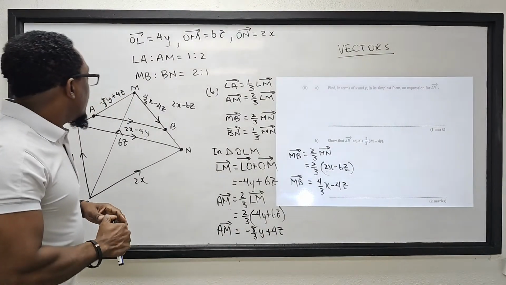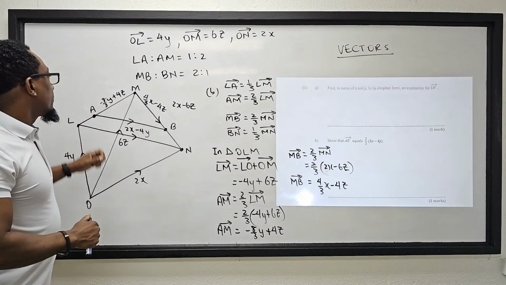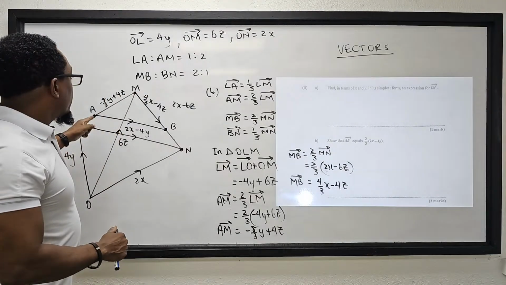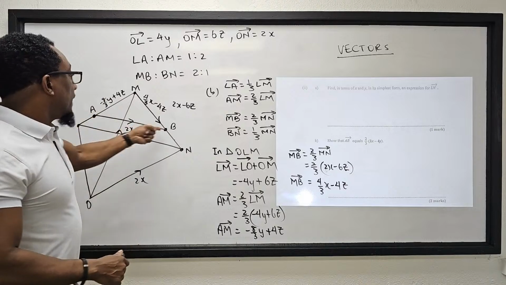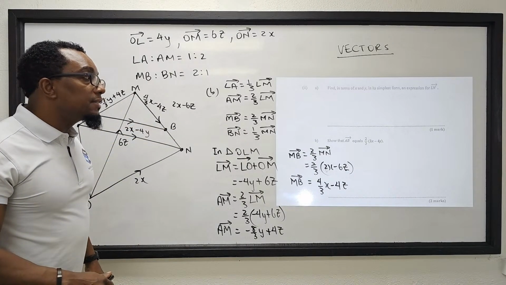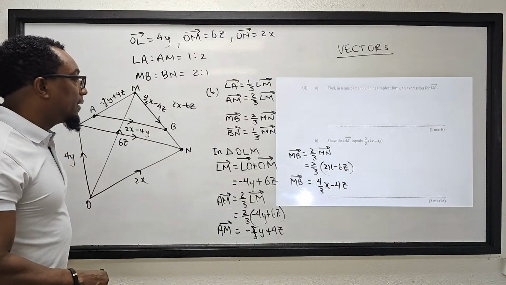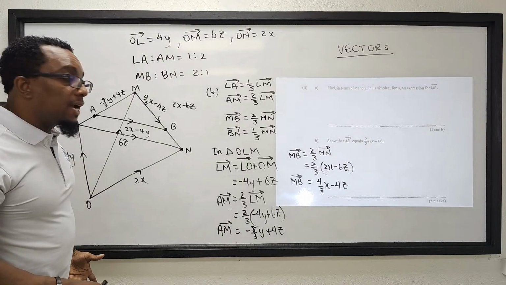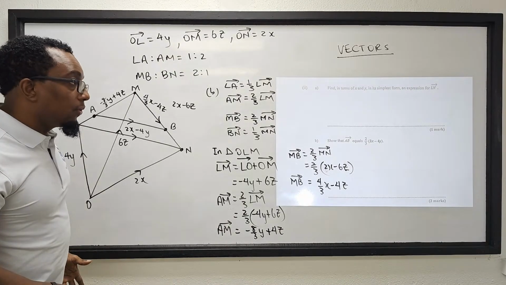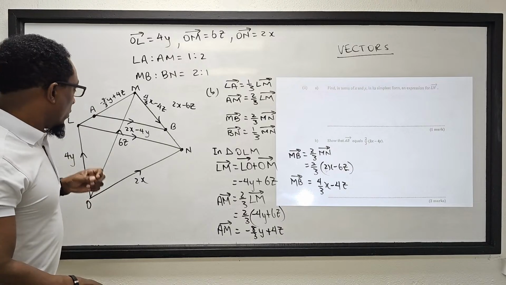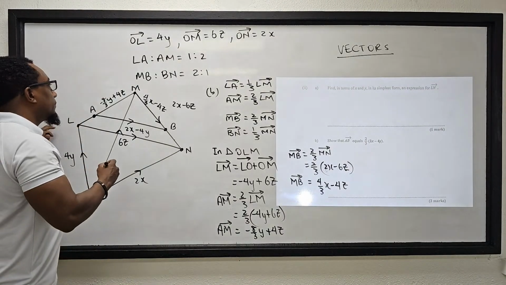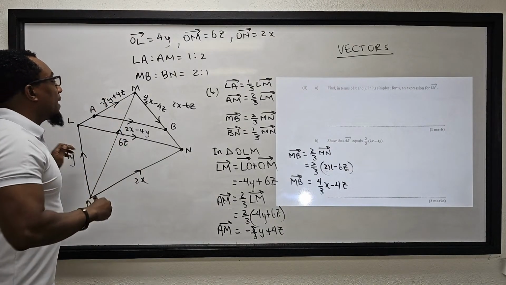So now that we have AM and MB, and of course using the triangle AMB, it tells us to prove vector AB is equal to 2/3 into 2x minus 4y. Let us go use our triangle law to show that AB is equal to 2/3 into 2x minus 4y. So, of course, don't forget to put your directions.